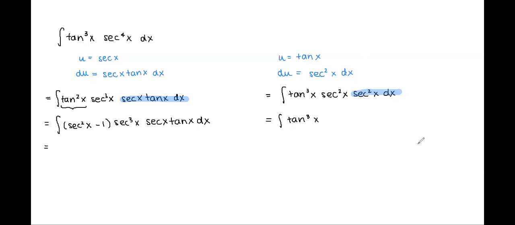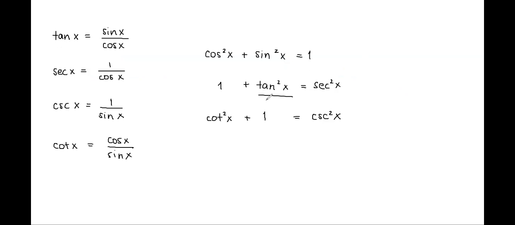So this is one of those cases in which both of the substitutions are going to work, because even by taking the 2 powers of secant to go along with the du, you're still left with an even power, and you can replace secant squared of x in terms of tangent. So if you look at, again, the identity that we had yesterday, secant squared of x corresponds to 1 plus tangent squared of x.